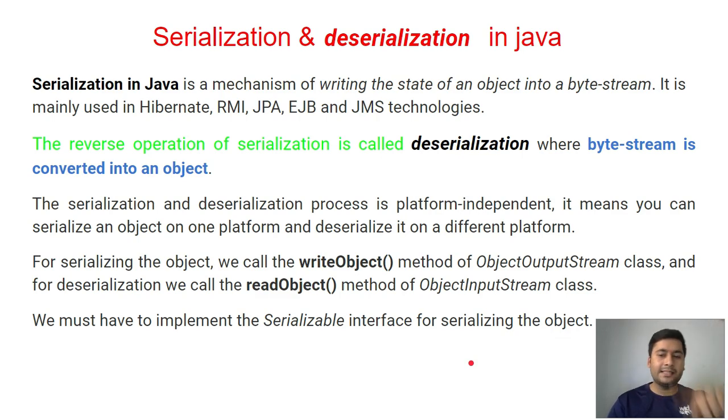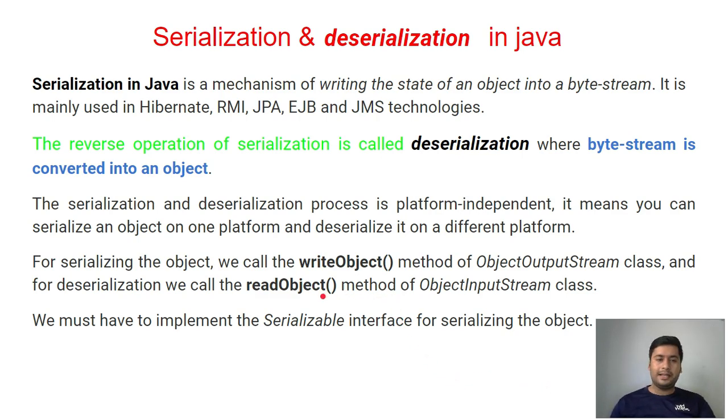Whenever we are storing data into a file or database, make sure the class whose object we are going to write implements the Serializable interface, then only can you write that data. Otherwise it will not be converted into a byte stream and we can't write it. Understood? So this is serialization and deserialization.